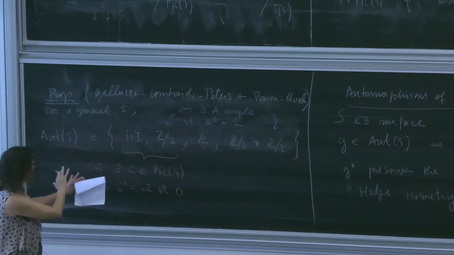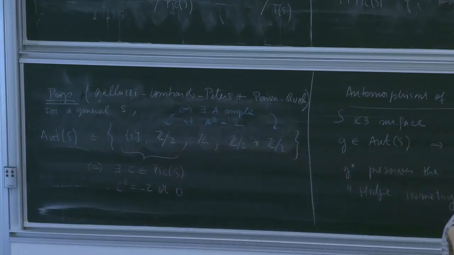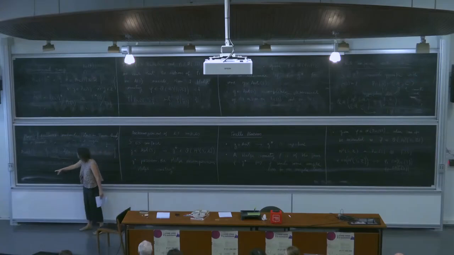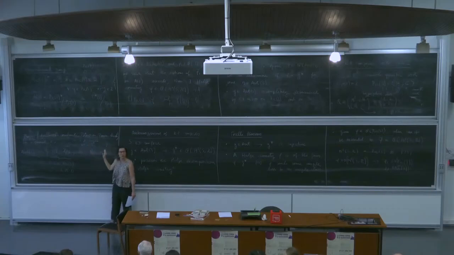So what I'm telling you here is that if you know the Picard lattice, just by looking for certain integers that can be realized by the quadratic form, you determine the automorphism group.